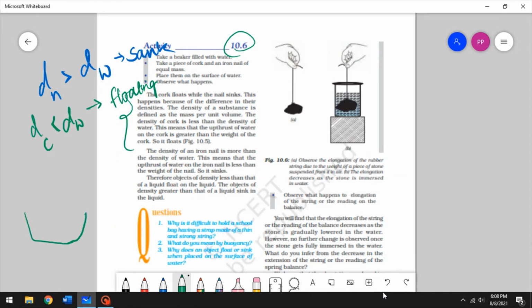When we have hollow space inside, the mass per unit volume is less. So the density of a boat or an iron ship is less than the density of water, but the density of an iron sheet is more than the density of water, which is why an iron ship floats while an iron sheet sinks in water.